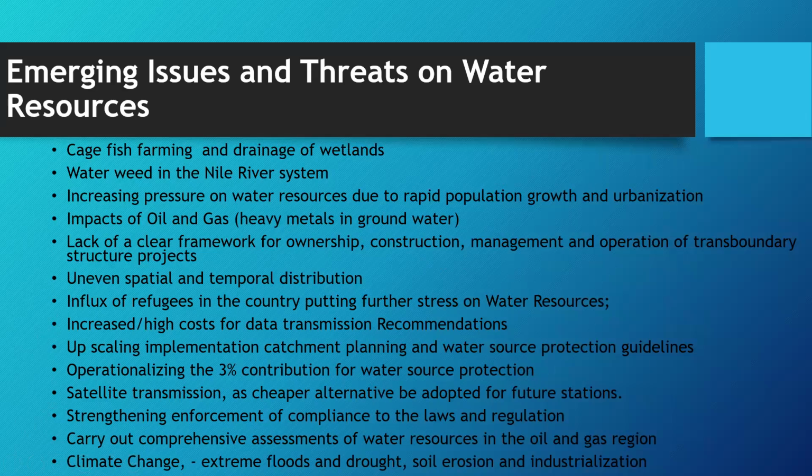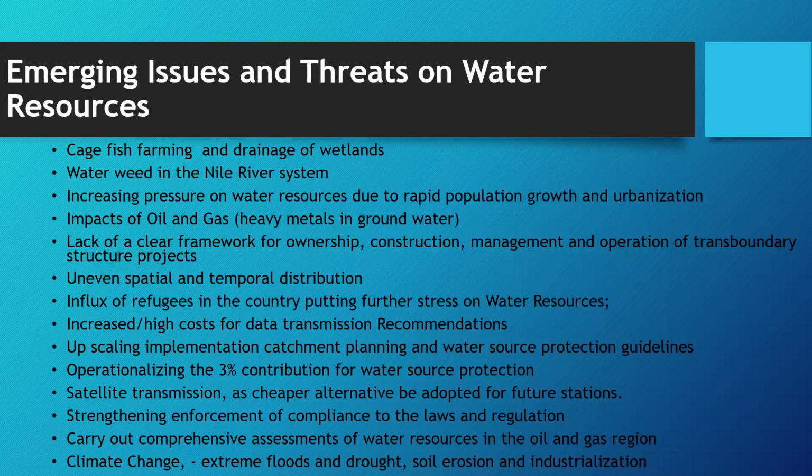Cage fish farming and drainage of wetlands. Then there is water within the Nile River system. We can all see that even when we pass via Ginger, those that take that route. Then there is increasing population growth and urbanization.